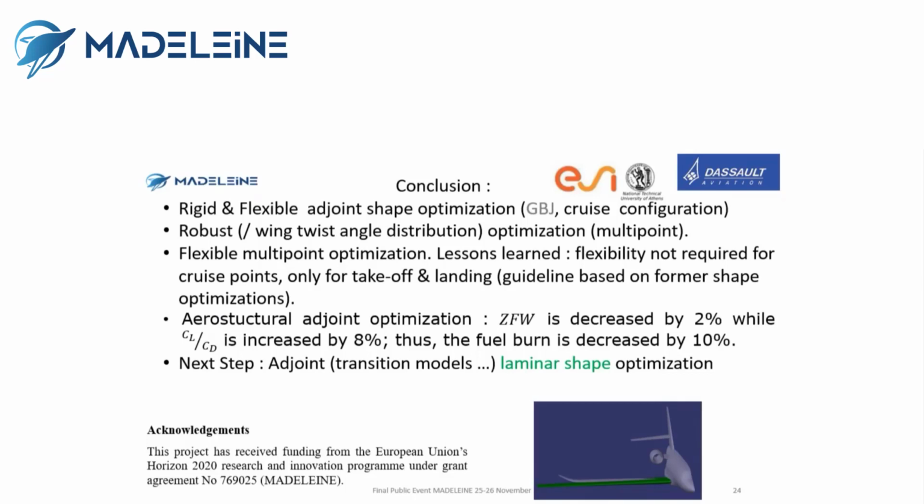Because if you compare, for example, the twist angle at the tip of the wing between the two flight points, you have something like 0.1 degree between the two twist angle distributions. So it's a low figure.